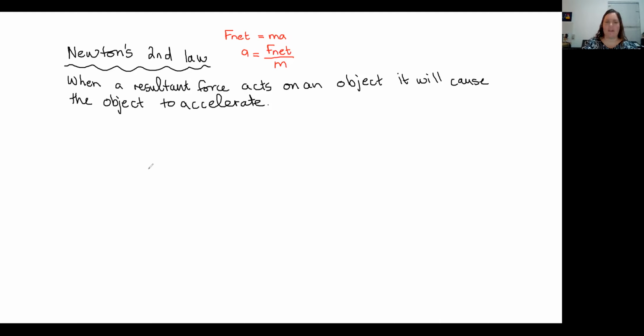Jumping back to Newton's second law. When a resultant force acts on an object, it will cause the object to accelerate. No marks so far, but quite an important line. The marks come in here.